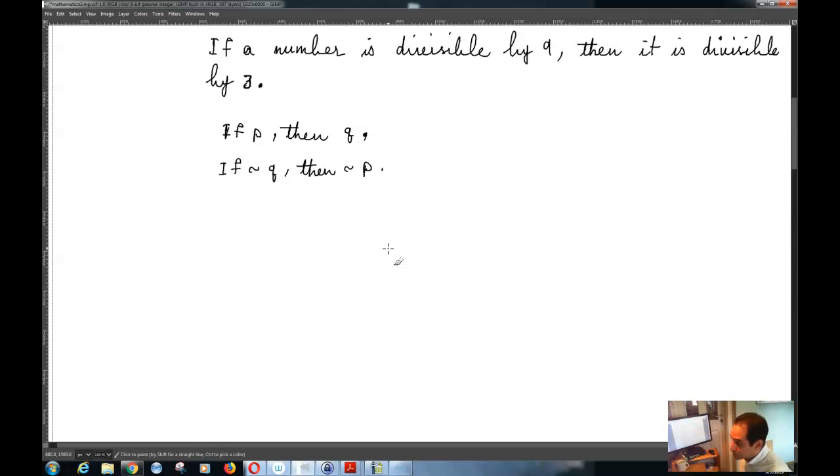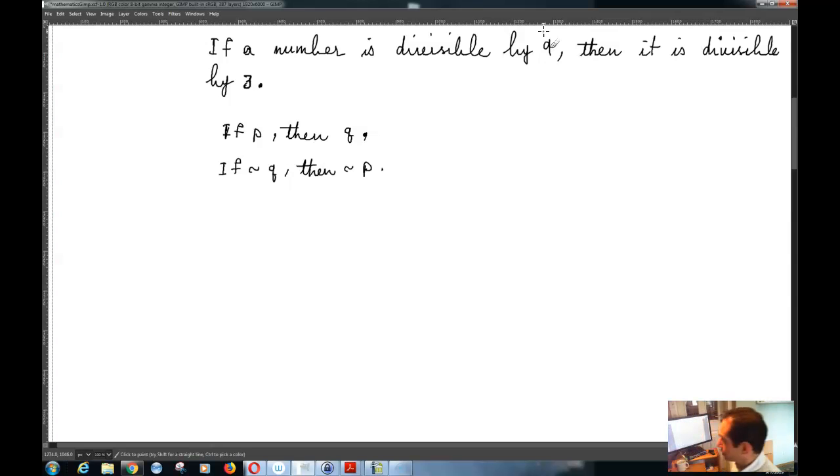So what that means is that what I can say about this statement, and find the contrapositive of it, is that I need to say: if a number is not divisible by 3, then it's not divisible by 9.